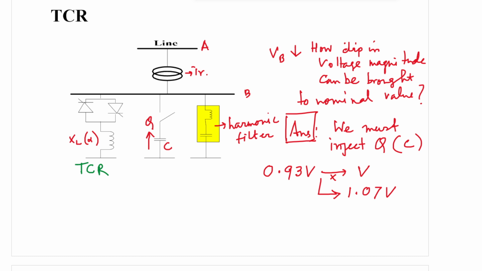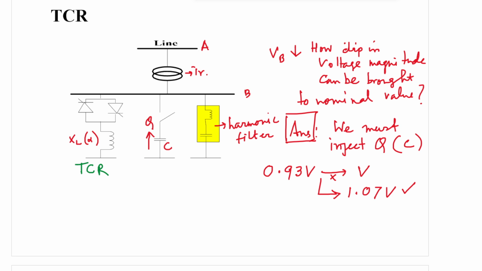Whatever it will inject, it will be the same unique value. So instead of making 0.93 V to V, it makes 1.07 V. Understand?